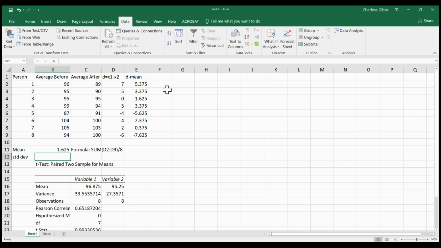So the easiest way to do standard deviation is not to square it from here, but to actually create a new column with the squared. So this is d minus mean, which is the d bar, squared.